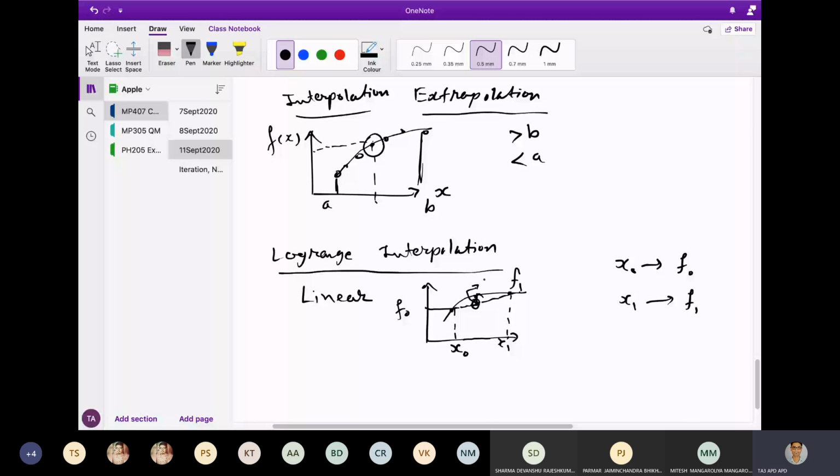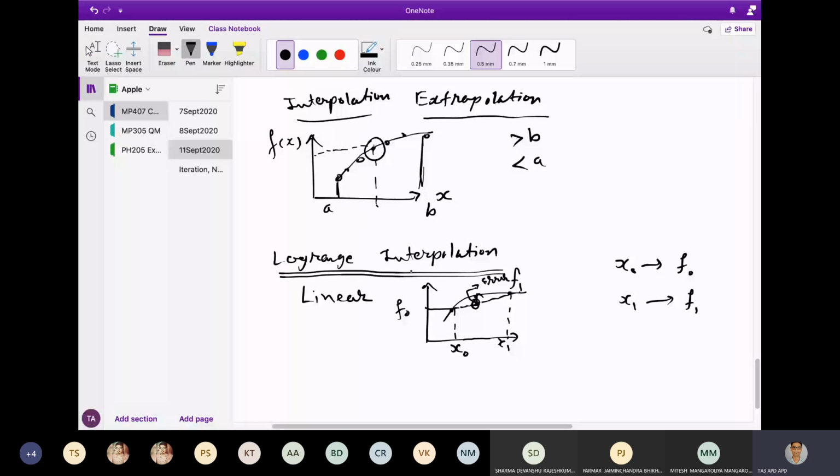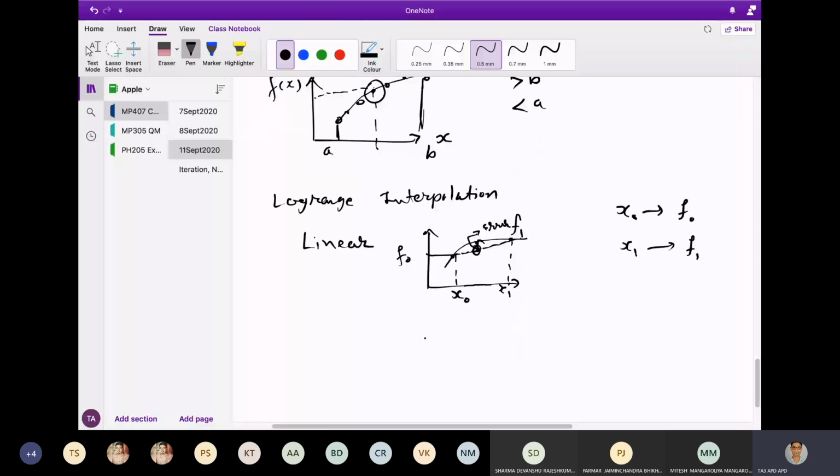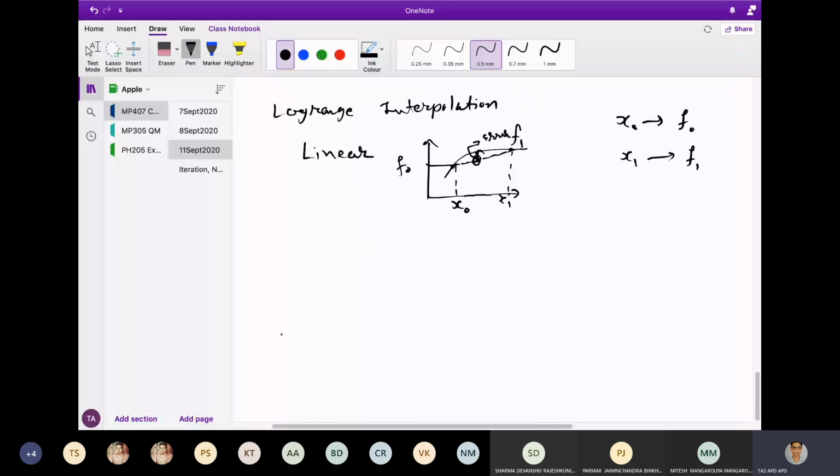That we shall see next for Lagrange interpolation, also called the first order Lagrange interpolation polynomial. It is given by P1(x) equal to L0(x) f0 plus L1(x) f1.